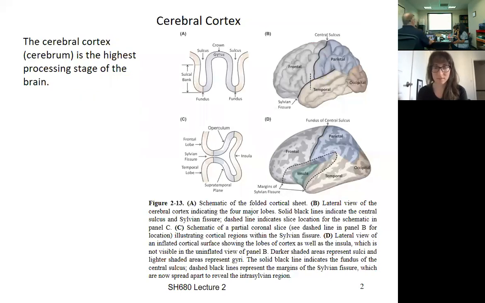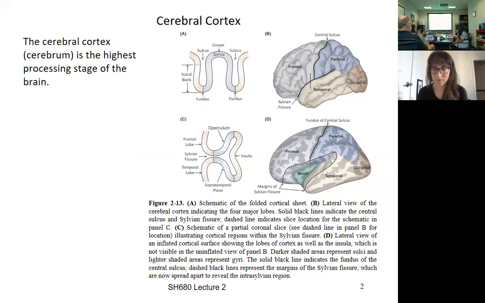Okay, so just first to orient ourselves, this is a regular view of the cerebral cortex from the lateral side, meaning the brain is not deformed in any way in this image. To orient us, I'm going to point out a few key landmarks here.